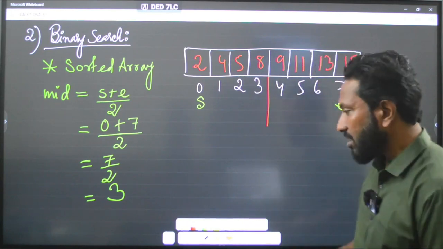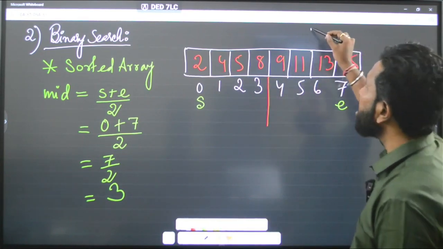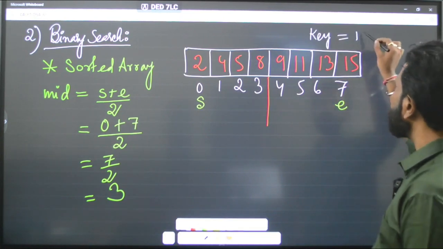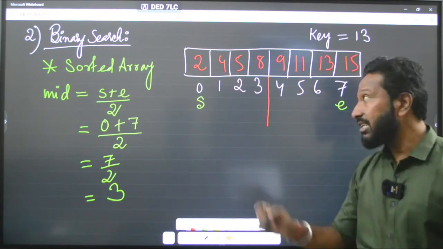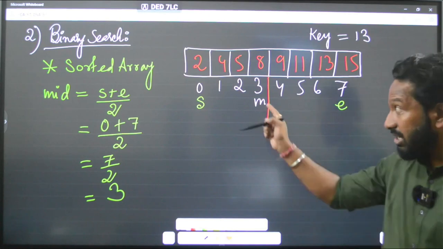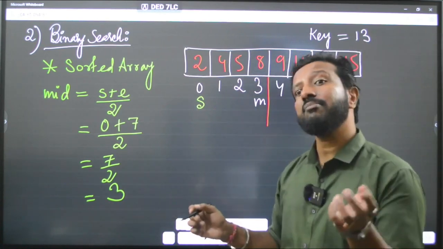Now, let us take scenarios now. I will take key is equal to say 13. 13 is the key. Now, this is my mid, remember. 3 is the mid, you found out here. Now, we have to do some checks.